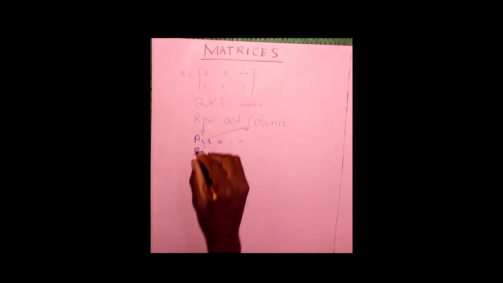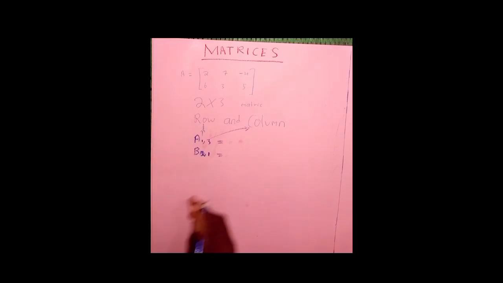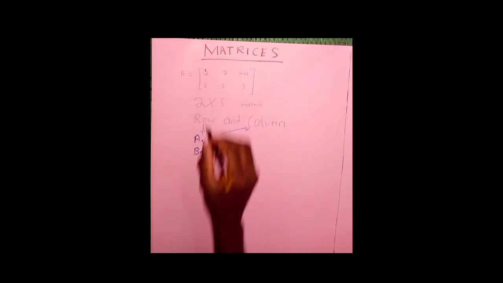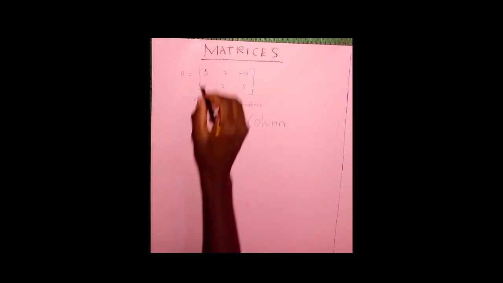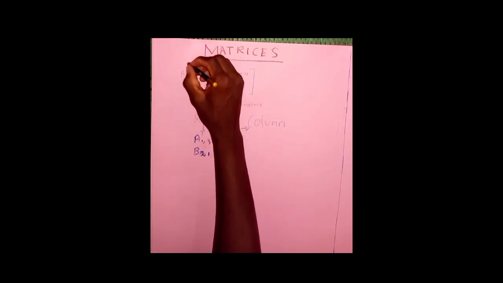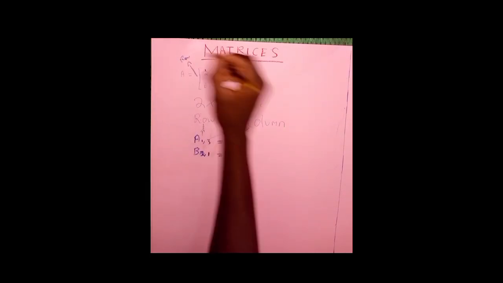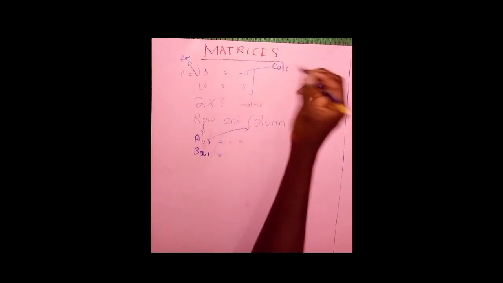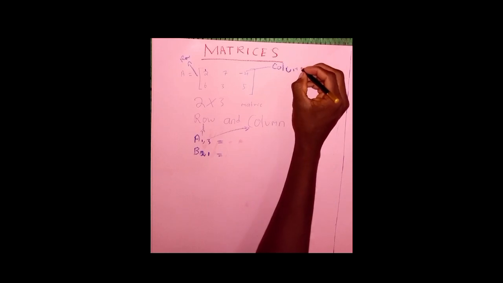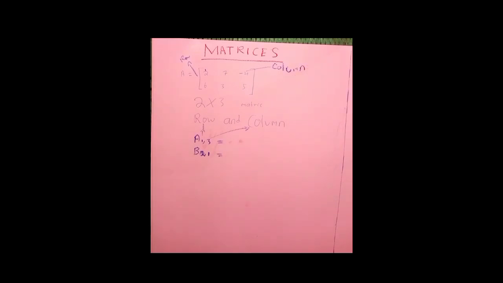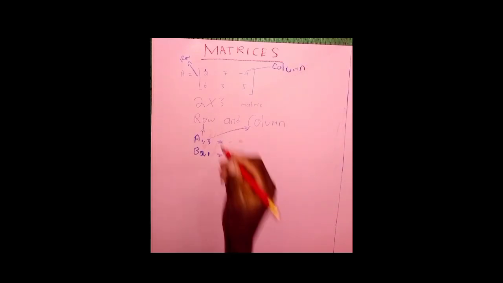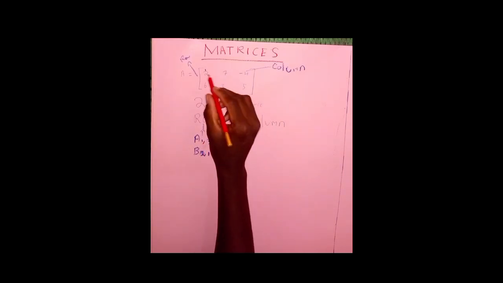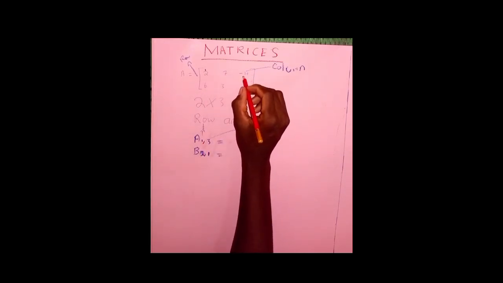How can we find this inside these matrices? A says 1 of 3. This one is our row, and this is our column. We have 1, and the second is 3: 1, 2, and 3.